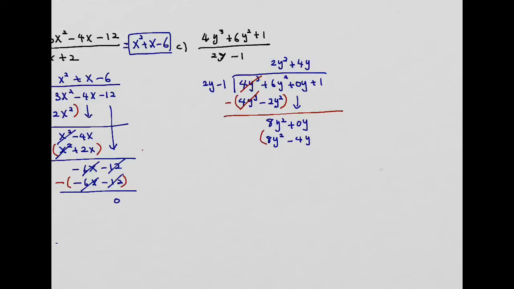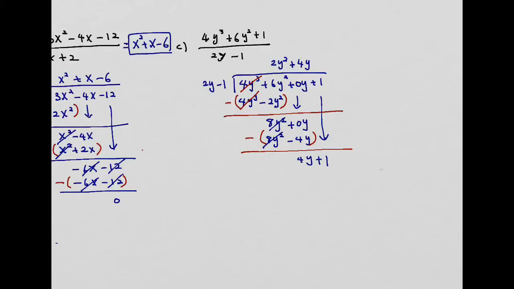And let's subtract that. When you subtract that, these 2 cancel out. You get positive 4y because 0 minus negative 4, right? Bring down the next term, which will be plus 1. So 2y, what do you need to multiply by to become 4y?